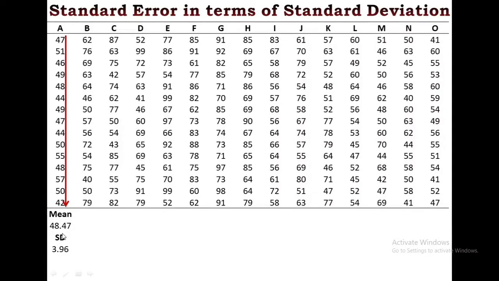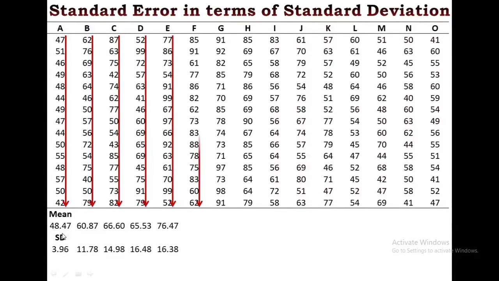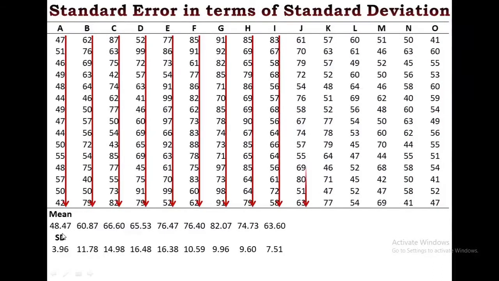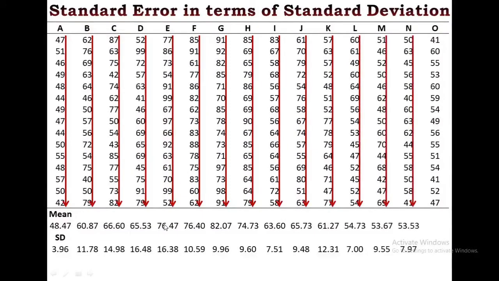Now imagine we did the exact same experiment with all 15 separate samples with 15 different leaves each time. This would result in 15 different means or averages, one for each set of measurements. We would also have 15 separate standard deviations around each mean.